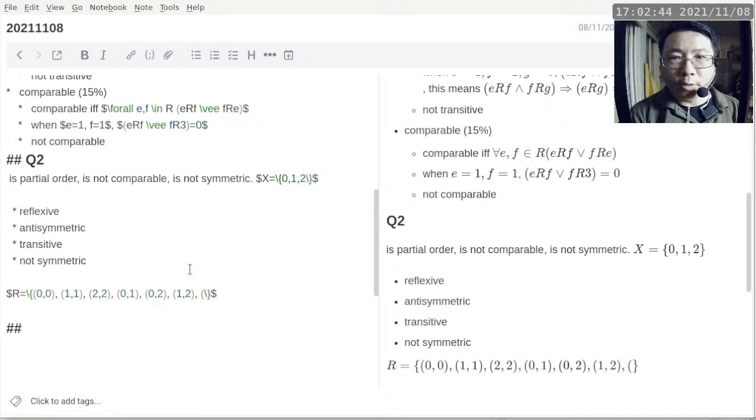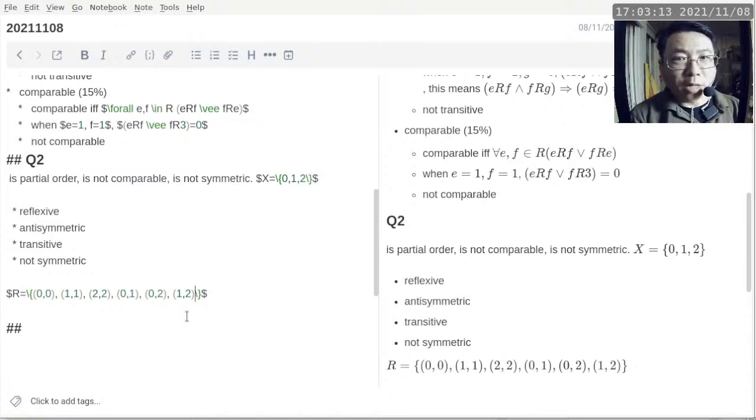let's see, we have to make sure it's not comparable, so we have to be kind of careful with this one. Now I think we have a problem already. 0, 1, 1, 1, 1, 0, 1, 2, and then 2 relates to both. So now we have a problem. Let me stop right here and explain what the problem is. The problem is it is now comparable.